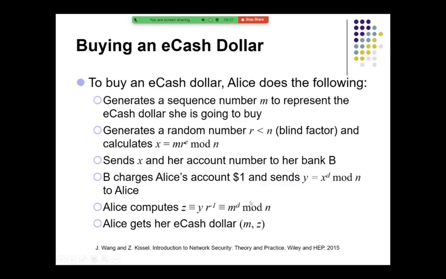So this sequence number now has the bank's endorsement because the bank B signs it.